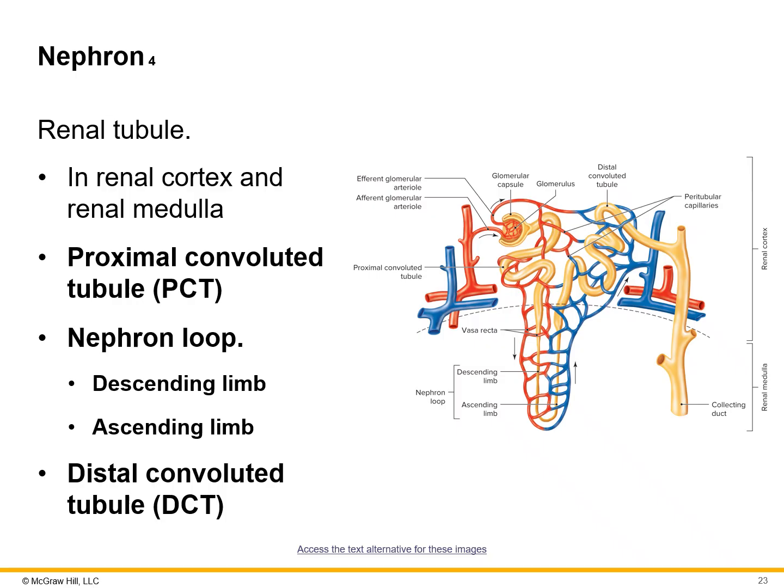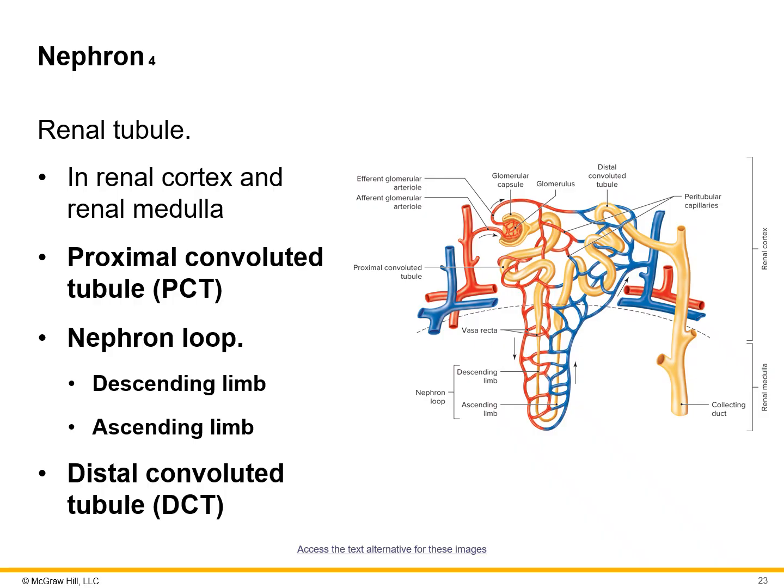About 65% is tubular reabsorption. Water can be reabsorbed at all regions of the nephron except the ascending limb of the nephron loop. So if you look here, you'll see your ascending and descending nephron loops. Okay, we're going to keep going.